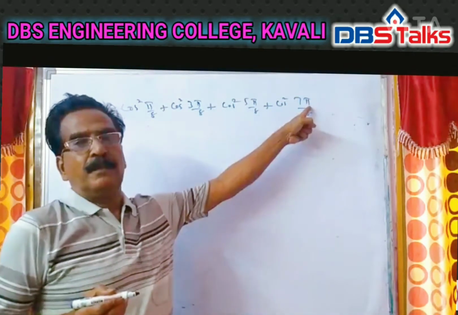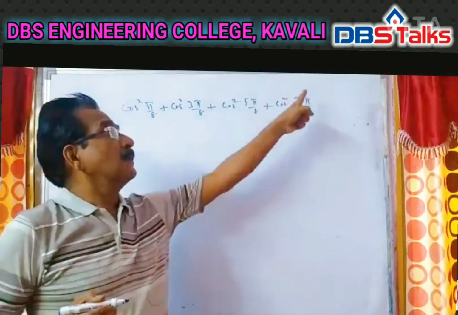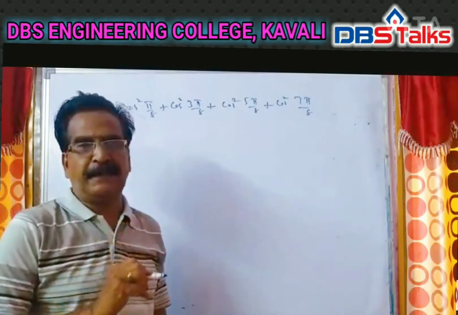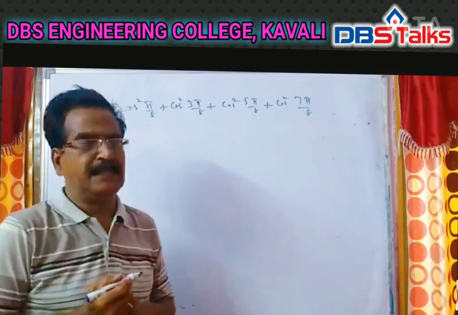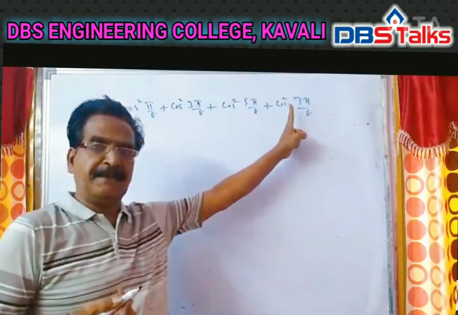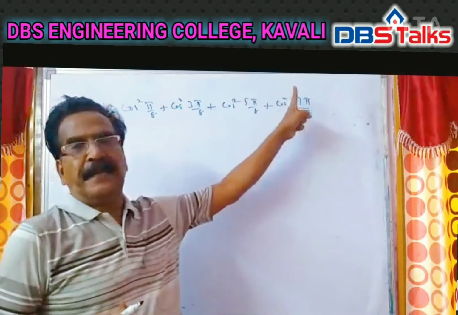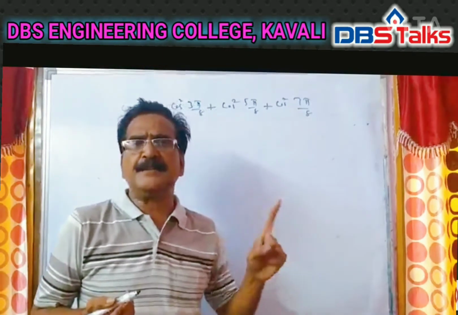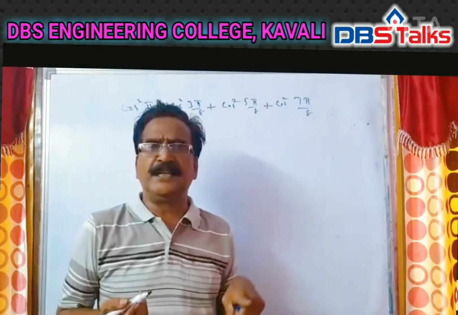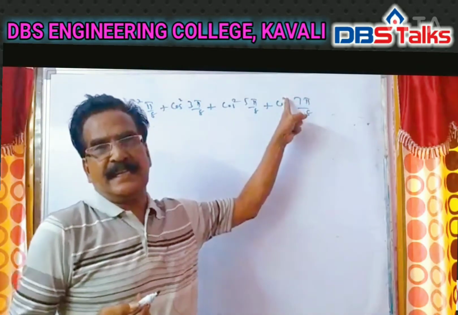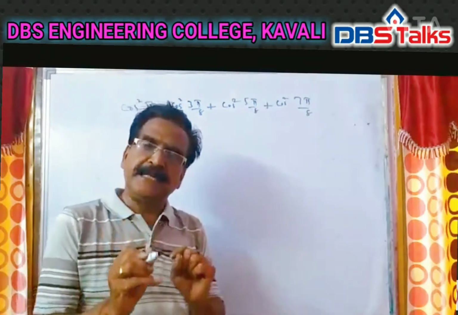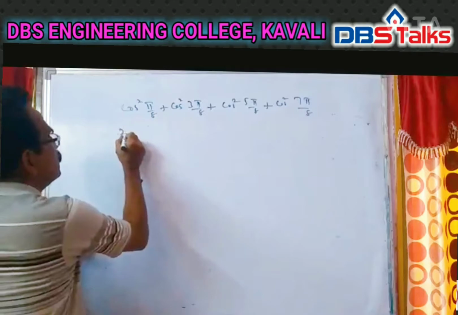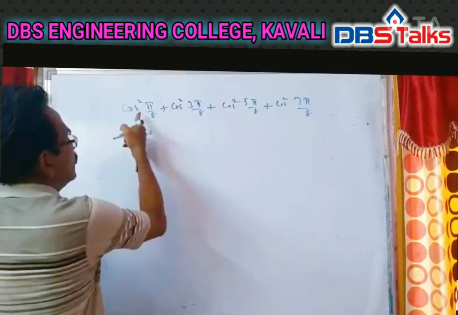See, cos 7 pi by 8. 7 pi by 8 means pi minus pi by 8. Cos of pi minus pi by 8 is in the second quadrant, so it is negative, but square is there, so it becomes plus again. So we get 2 into cos square pi by 8.